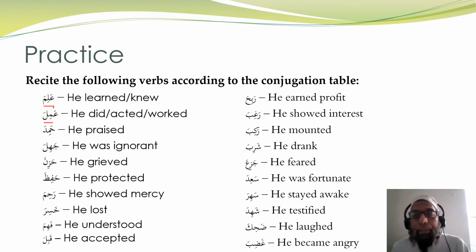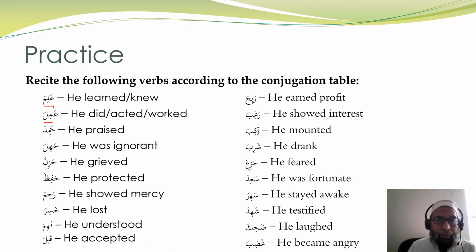When you say it as a dua, usually the past tense is used for dua, and the purpose of that is to convey the message that it's been done. Rahimahullah, Allah had mercy on him, Allah showed mercy to him. And the intention is we're making a dua: Oh Allah, show mercy to him.